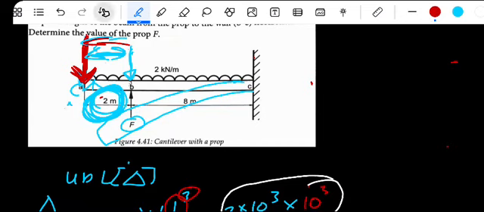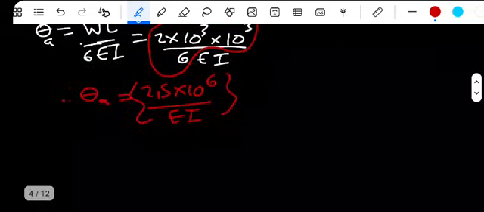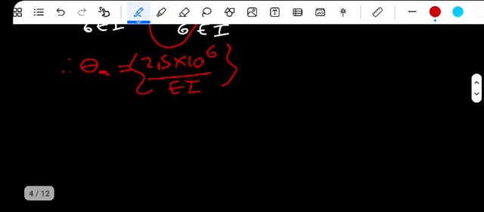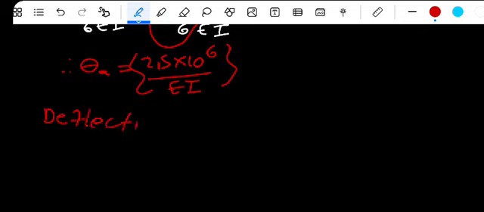So we'll have a deflection, but it's sort of additional. You must understand that.